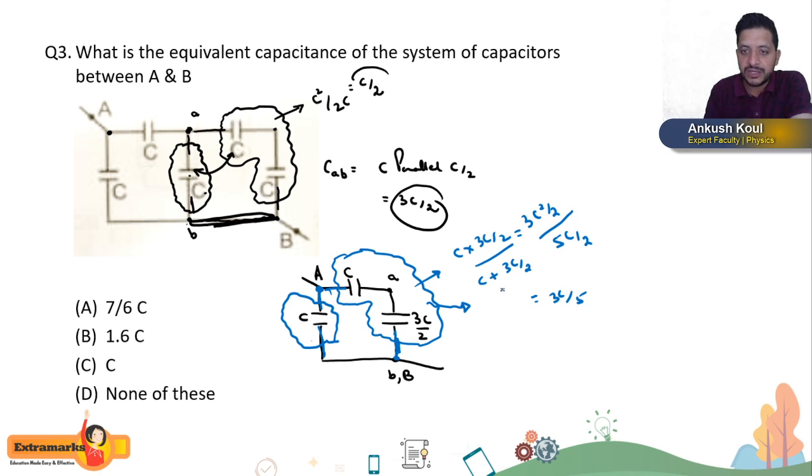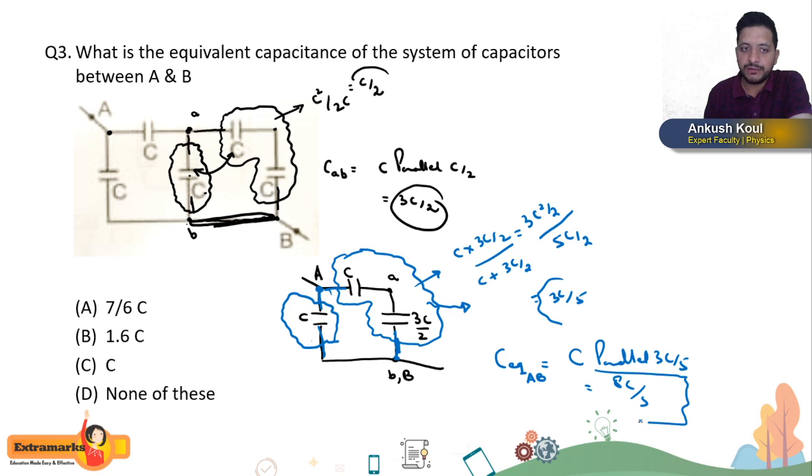So this is C, this is 3C by 5. So my equivalent capacitance between A and B is the parallel combination of C and 3C by 5, and my answer would be the sum, 8C by 5.